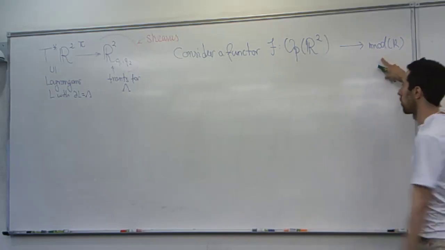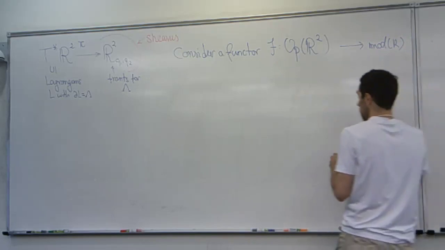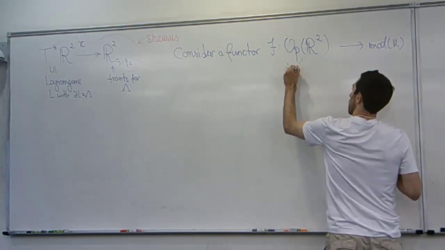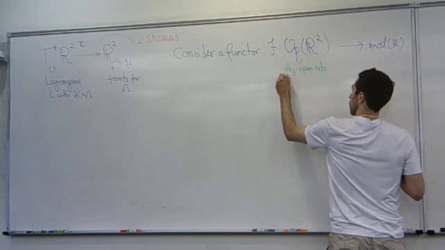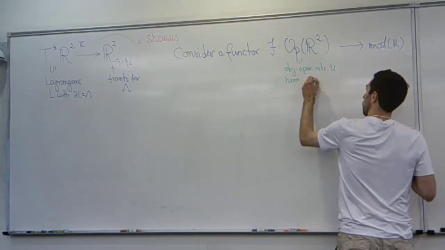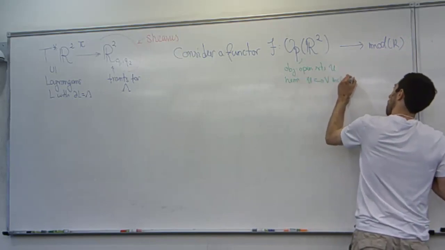Let's say vector spaces are a target just to begin with. So what is this category? It is a category whose objects are open sets, and morphisms are inclusions. So U inside of V is an inclusion of open sets.